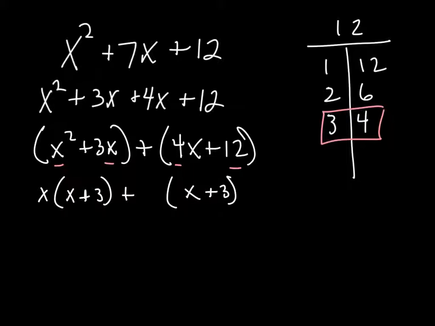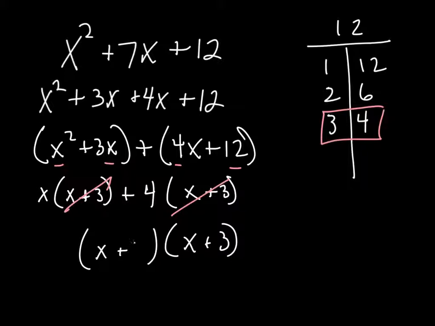So if I factor out a 4, I'm going to have an x left behind, and if I divide 12 by 4, I am going to have a 3 left behind. That is what I want to get. Now, what are my two binomial factors? Well, I have x plus 3, that is definitely one of my factors, and then if I take out my remaining values, there you go, my binomials are going to be x plus 4 and x plus 3, respectively.